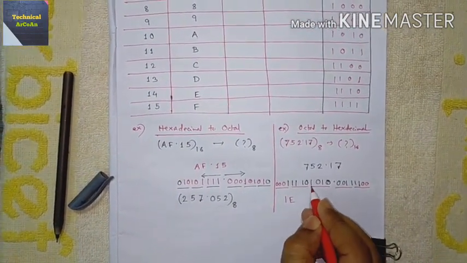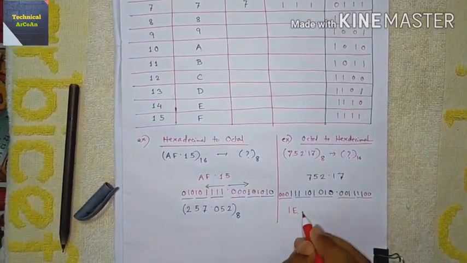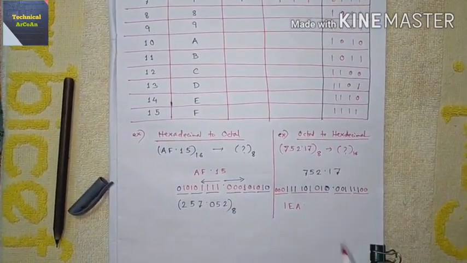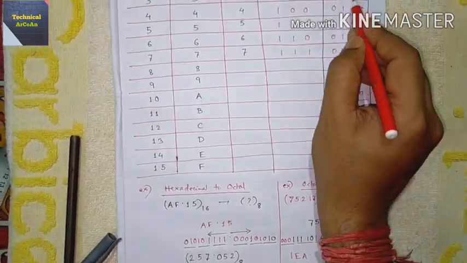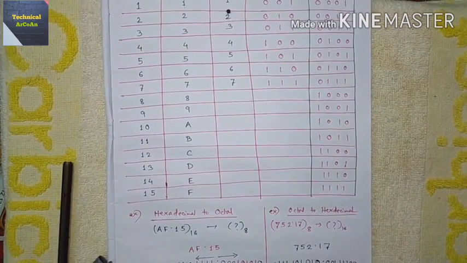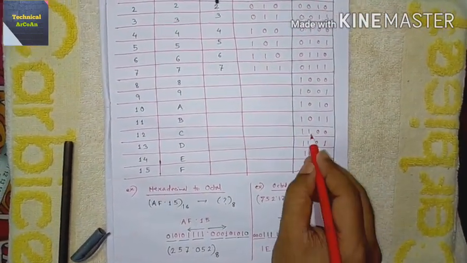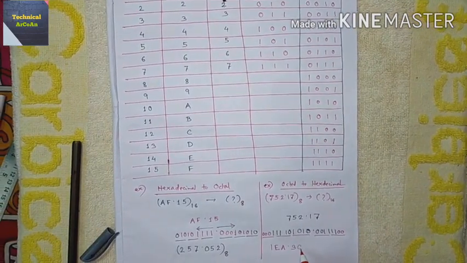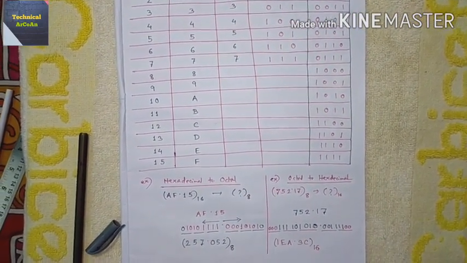And what will 1010 be? 1010 will be A, so we write here A. After the point, what will be 0011? 0011 will be 3, so we write here 3. And what will be 1100? 1100 will be your C, so this is converted into hexadecimal.